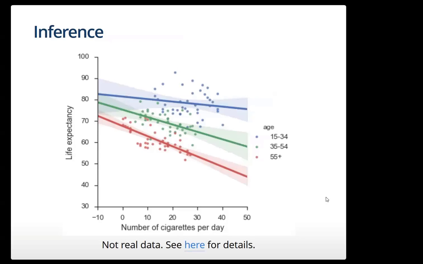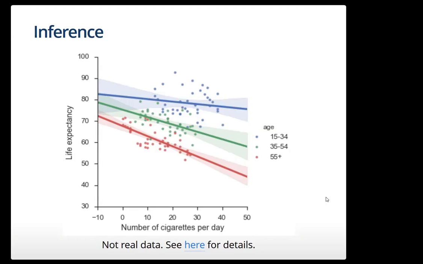The next common one is inference. So you have some data, and from that data, you try to infer if there's a general pattern. So in this case, which is not real data, it's made up, but it could be real data, you have how many cigarettes a person smokes a day and their life expectancy, and it looks like there's a negative correlation. So you have some data, and from that, you're trying to conclude that this might be a general pattern in the population.